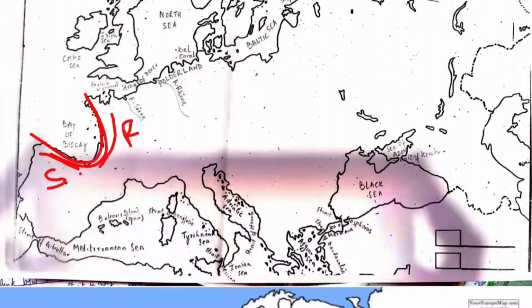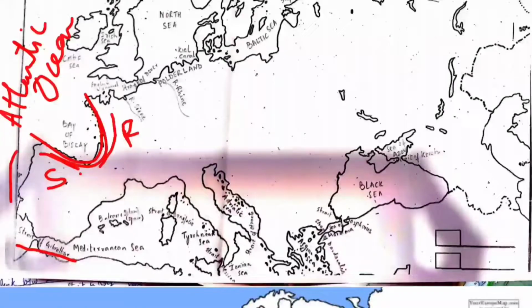Moving forward, we have Strait of Gibraltar to the south of Spain. This Strait of Gibraltar is connecting the Atlantic Ocean. We know we have Atlantic Ocean to the west of Europe, so this Atlantic Ocean is flowing from this side also. So this Strait of Gibraltar is connecting the Atlantic Ocean with the Mediterranean Sea.